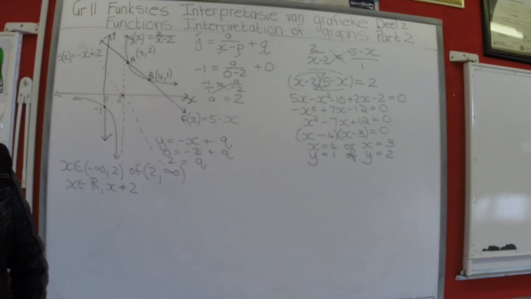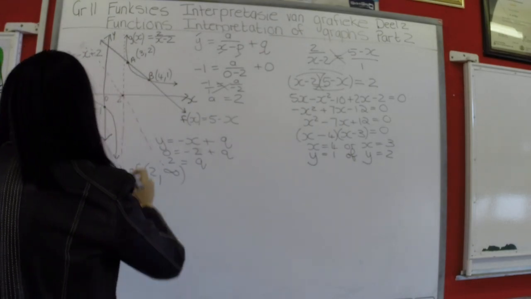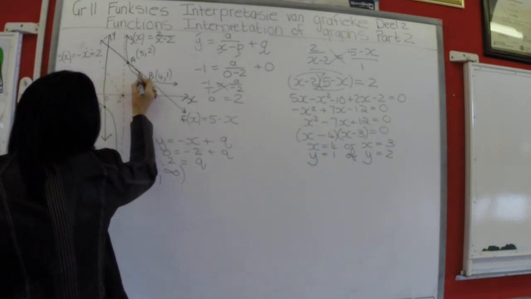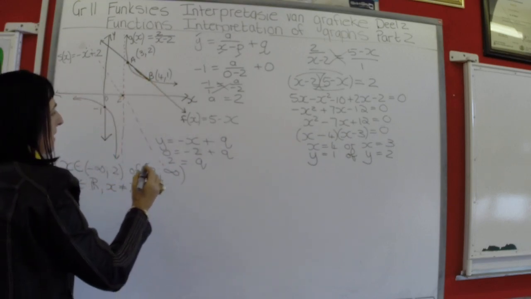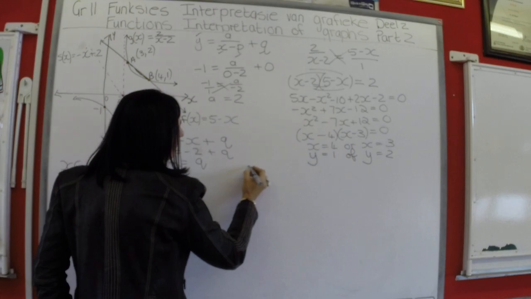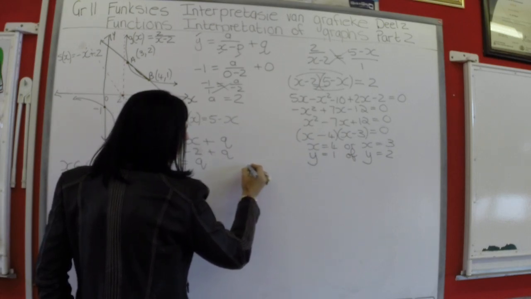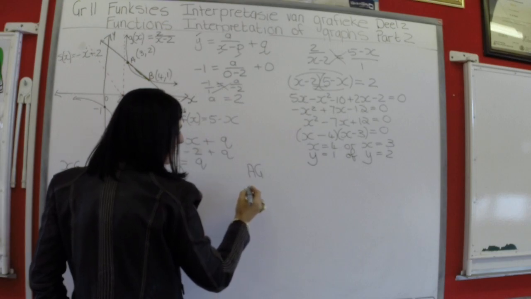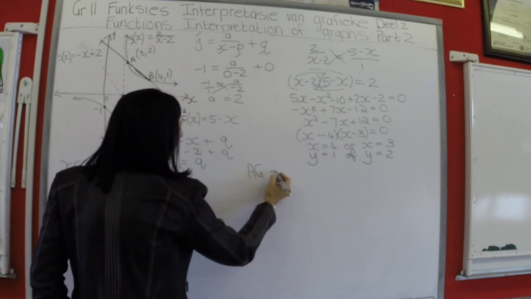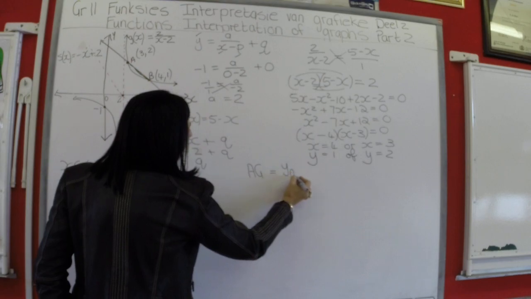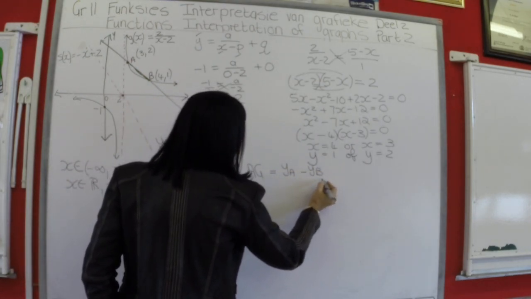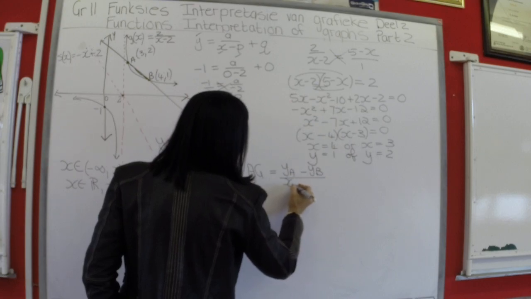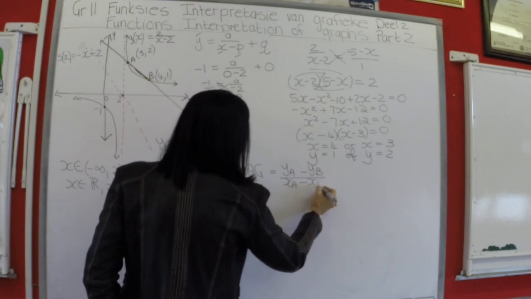Determine the average gradient between A and B. The average gradient between A and B. So ons het 'n formule vir die average gradient of die gemiddelde gradient. Average gradient, remember, it's yA minus yB on xA minus xB.